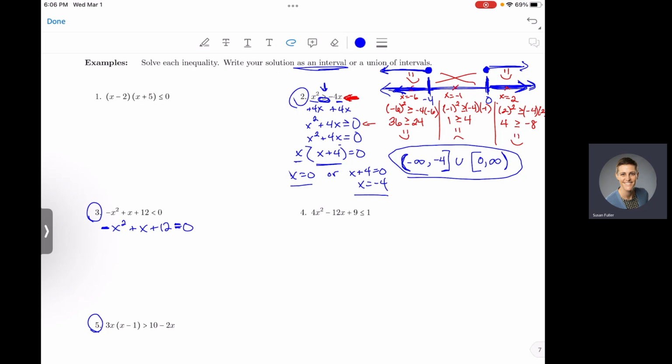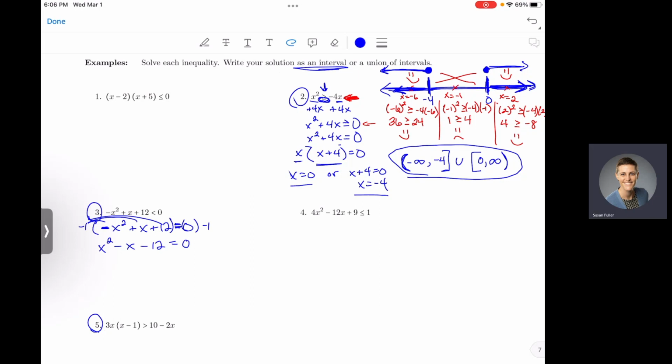So I'm going to multiply both sides by negative 1. Then I'm going to distribute out that negative, and I'm going to get a positive x squared minus x minus 12 equals 0, since 0 times negative 1 is still 0.